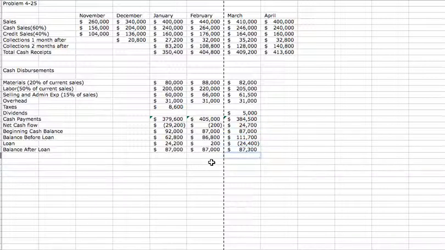And we are left with 87,300 in the bank at the end of March. So we have just prepared a complete cash budget, which tells us exactly how much we're going to have to borrow and when in order to make sure we maintain our minimum.